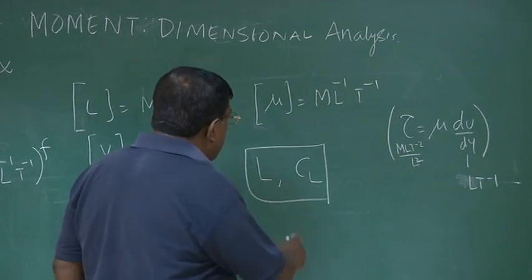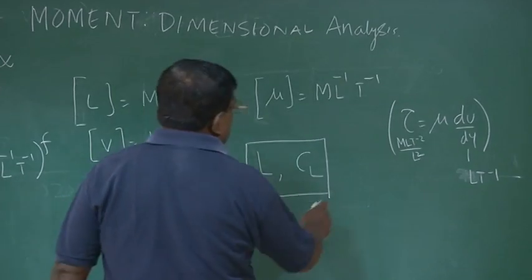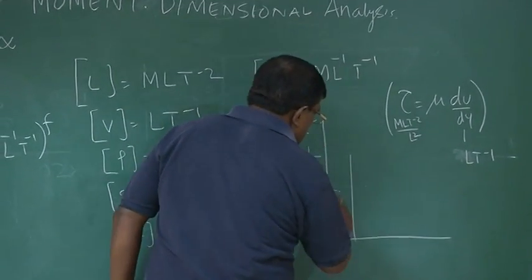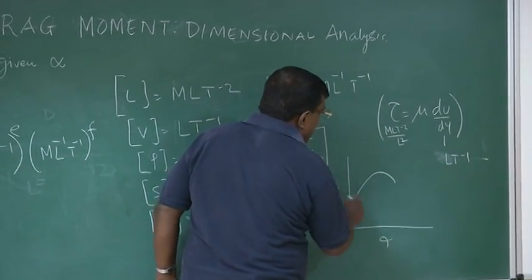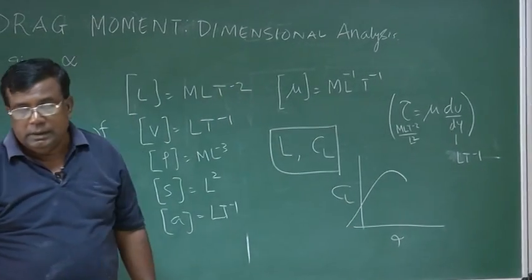For example, so far we have been talking about CL and alpha, and we are talking about CL as a function of alpha.